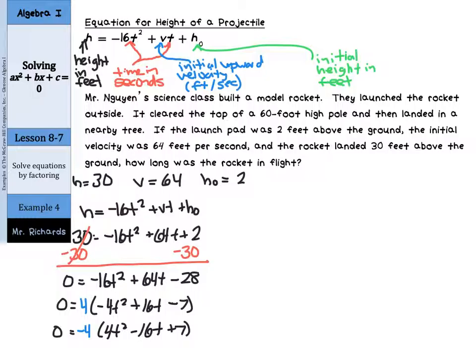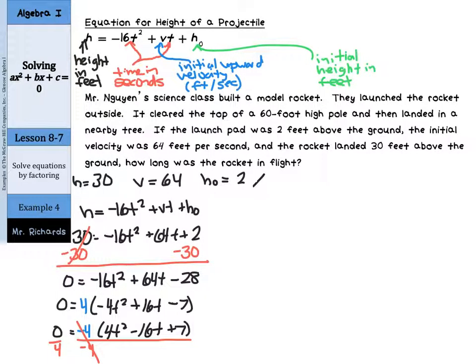Next, what we need to do is actually divide both sides here by negative 4. So we can, in a way, get rid of that negative 4. We don't need it anymore. It's not important to the problem, I suppose.